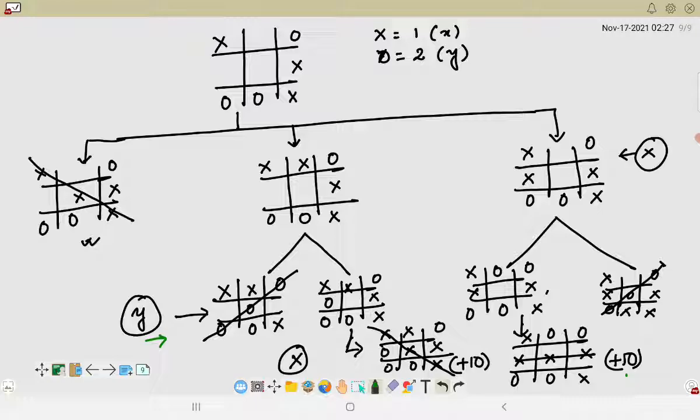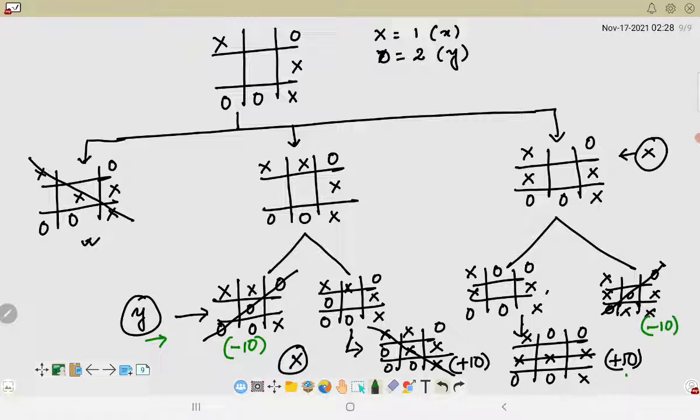The maximum value of y is minus 10, because if Max loses, then we associate the utility value of minus 10. So minus 10 is basically the utility value of y's win. Since y has won, we will associate minus 10 here and here also. But this is an intermediate node, so we do not have to worry much about it. Again here we will have minus 10.